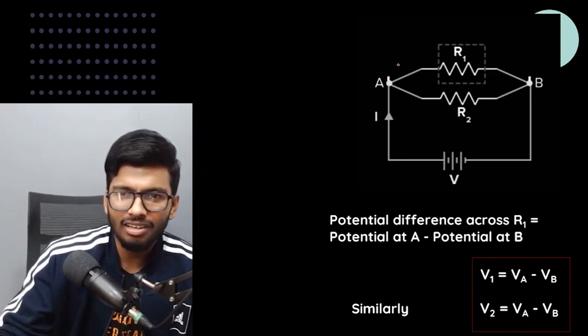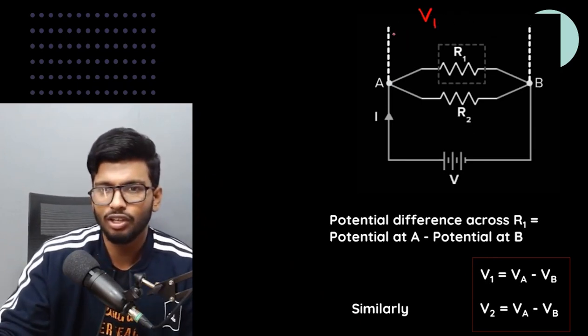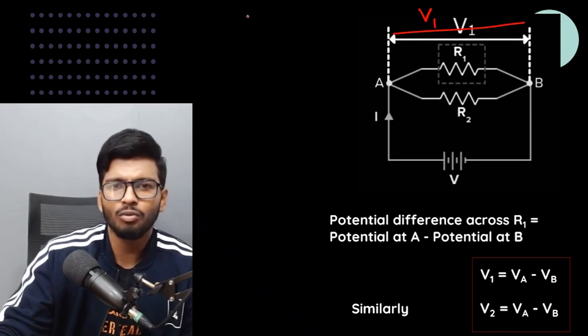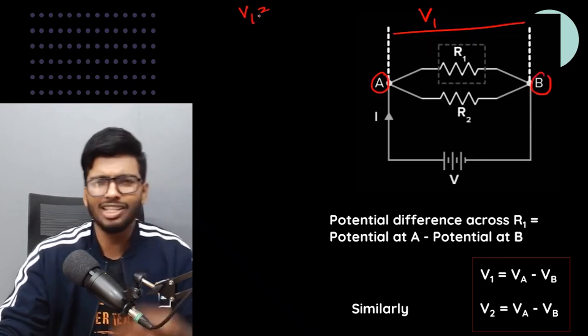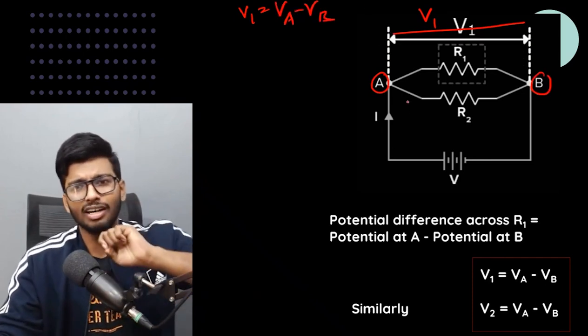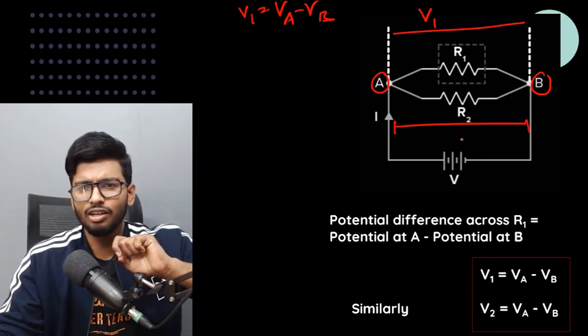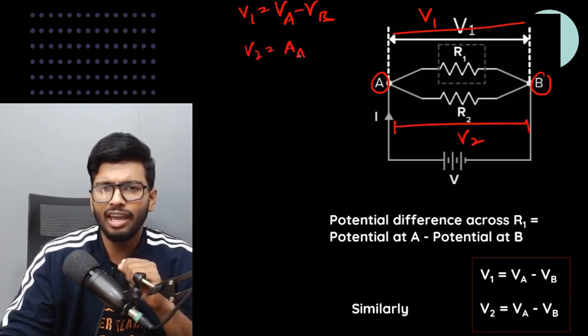So if I find the voltage across R1, taking it as V1, what is V1 equal to? The potential at A minus potential at B, just like what we did before. So it's VA minus VB. Same thing goes with R2. If I find the potential across R2 and take it as V2, V2 is equal to VA minus VB again. Sorry, I wrote it as AA.